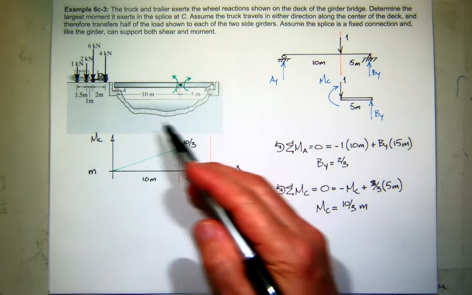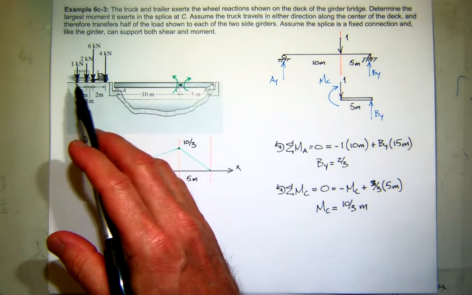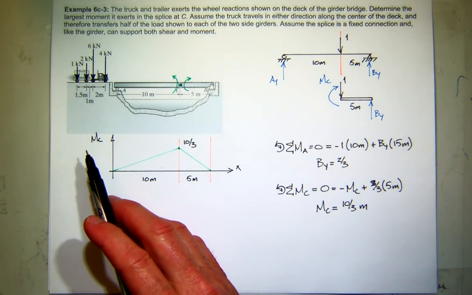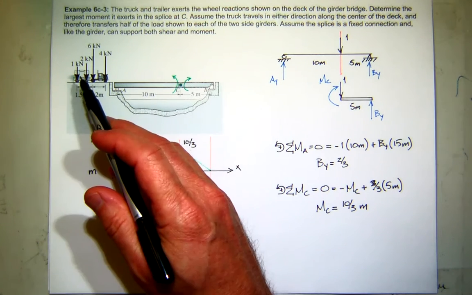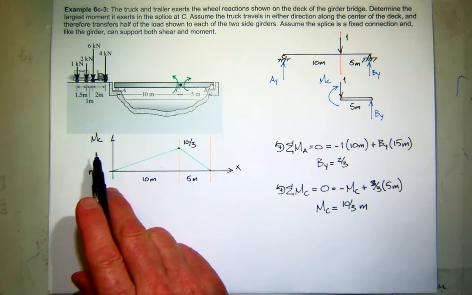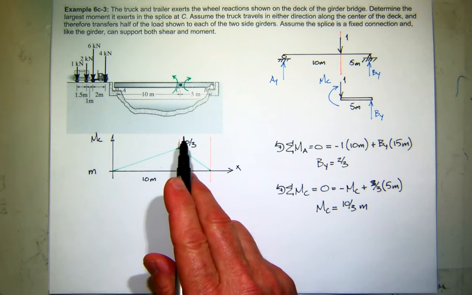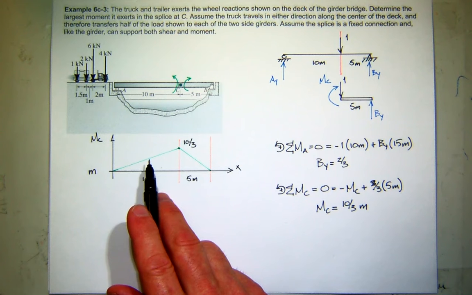I now have an influence line for the moment at C, and now I need to let this truck move from left to right and right to left. So let's think about this for a second. Let's say it's moving from left to right. It's coming this way, and as all the values hit here, as you look back to the left, what's the slope of this side?